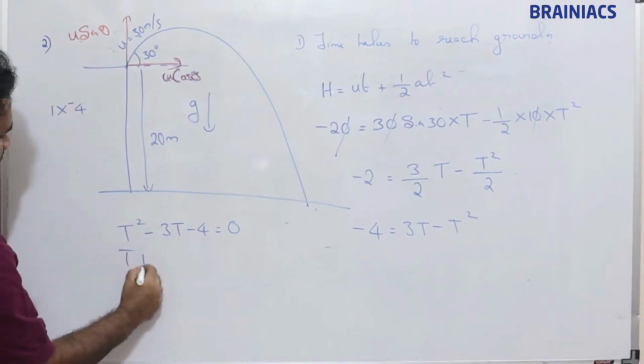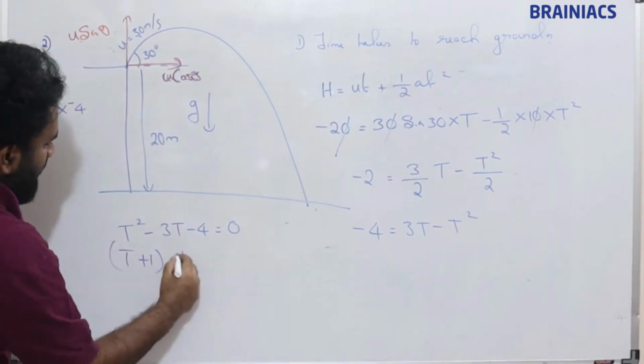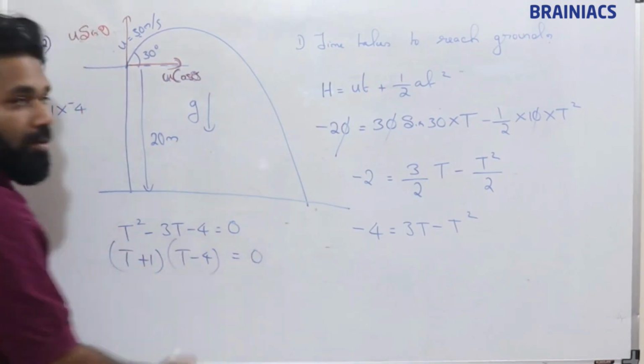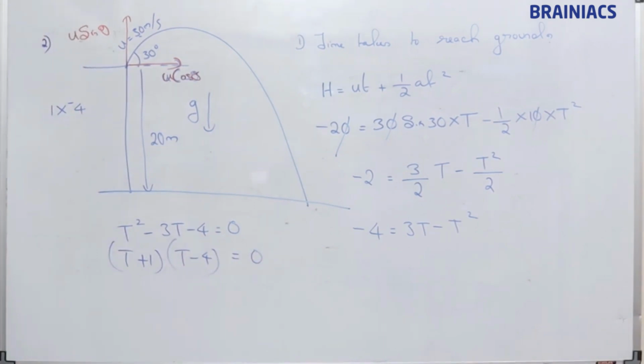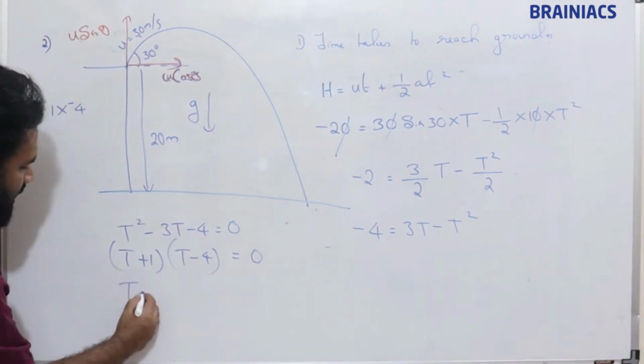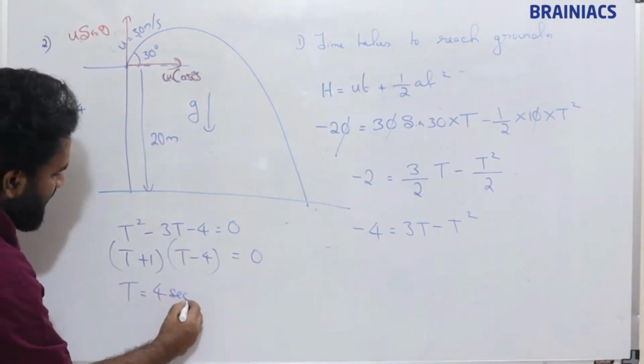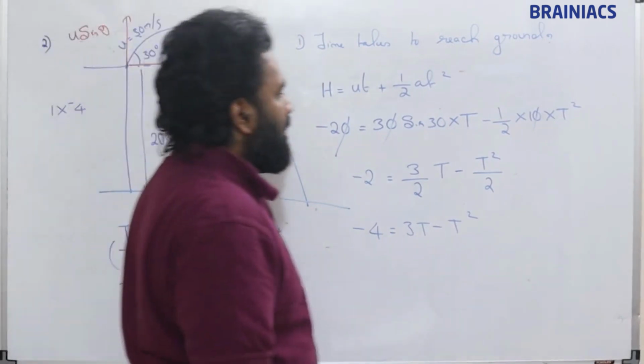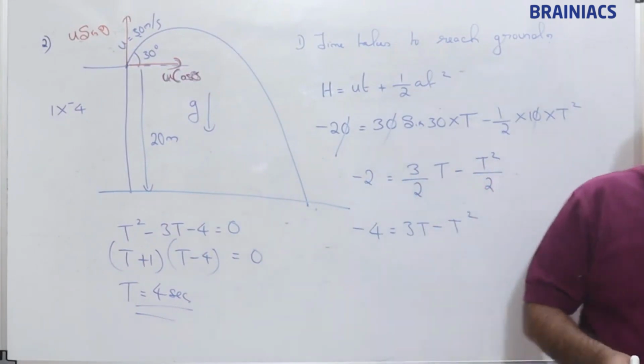So T plus 1 into T minus 4 is equal to 0. So we will get T is equal to 4 seconds. This is the correct answer. T is equal to minus 1 we need not accept. Okay, is it correct?